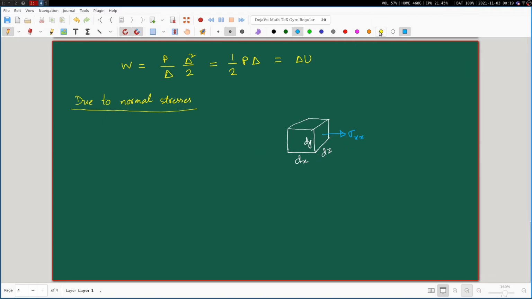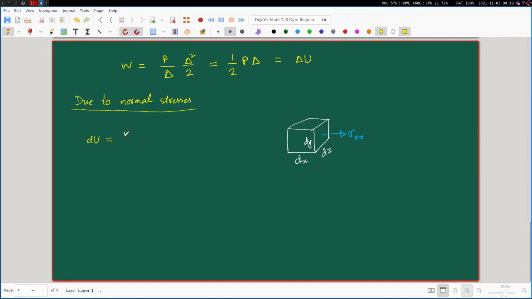So let me write down the expression for the strain energy, and this time, because we are considering an infinitesimal volume, we are also going to consider correspondingly an infinitesimal dU. Okay, and this dU, mind you, is associated with the work done due to this sigma xx.